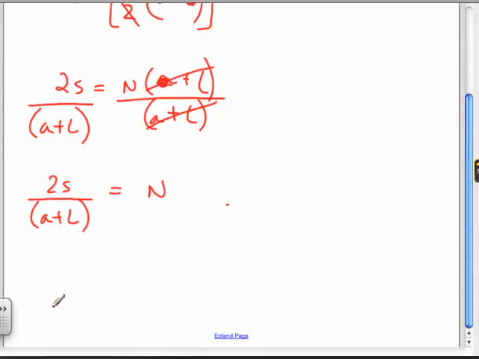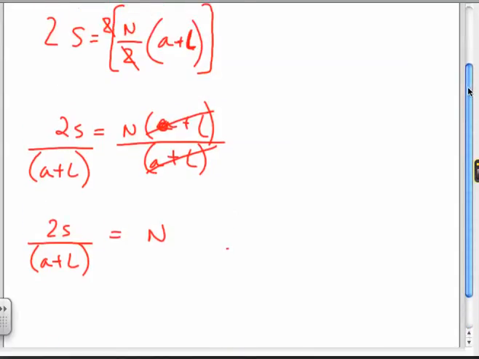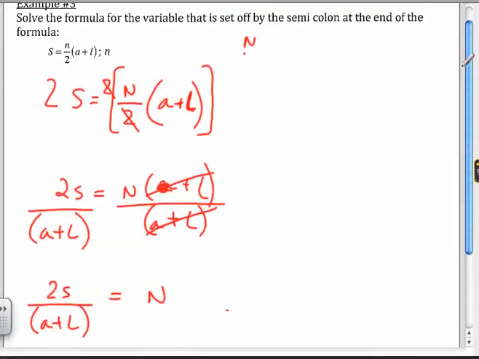How come, you mean why, right? It's not 2a plus 2l? Oh, let me ask you something. What if I said 2 times 3 times 6? Would I multiply the 2 times the 3 and the 2 times the 6?